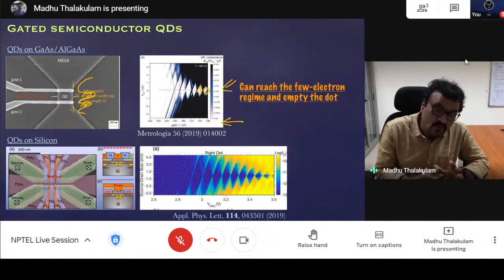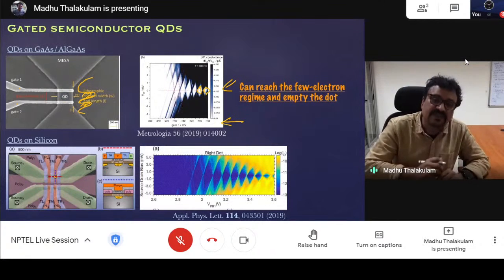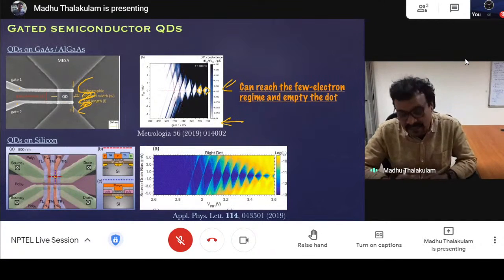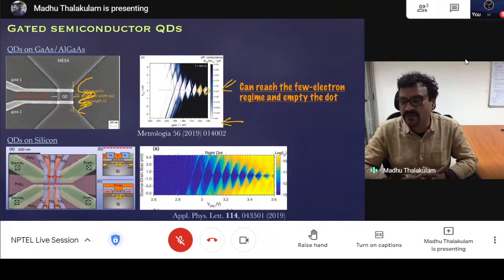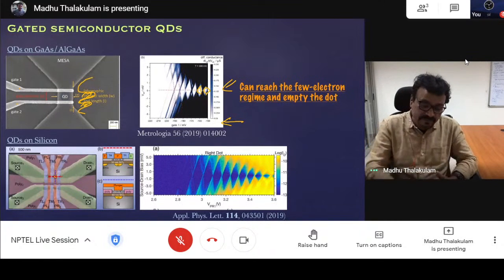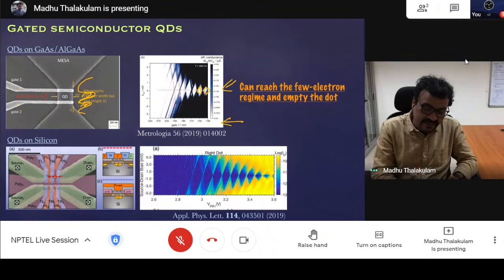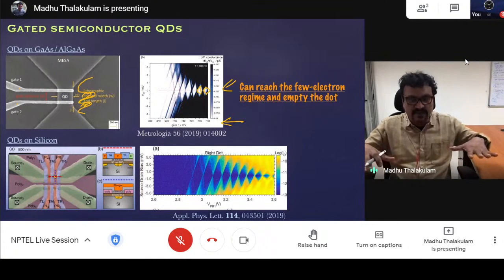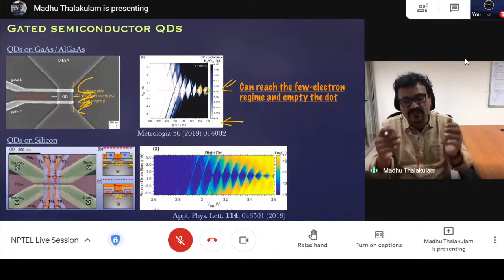But now you might ask why the size of the diamond changes. Remember, the size of the diamond is a measure of the total capacitance, which is a measure of the total size of the dot. The capacitance goes inversely with the size of the dot. So when you reduce the voltage, you are making the dot smaller and smaller.